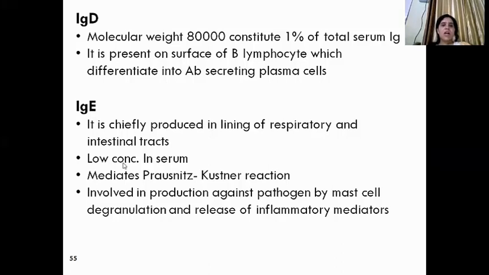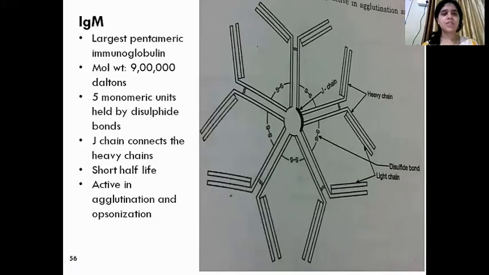Okay. IgE is chiefly produced in the lining of the respiratory and intestinal tract, with low concentration in serum. It mediates the Prausnitz-Kustner reaction, and is involved in defense against pathogens by mast cells, degranulation, and release of inflammatory mediators. Now IgM is a pentameric immunoglobulin. It is the largest in weight, and around 9 lakh Daltons is its molecular weight.